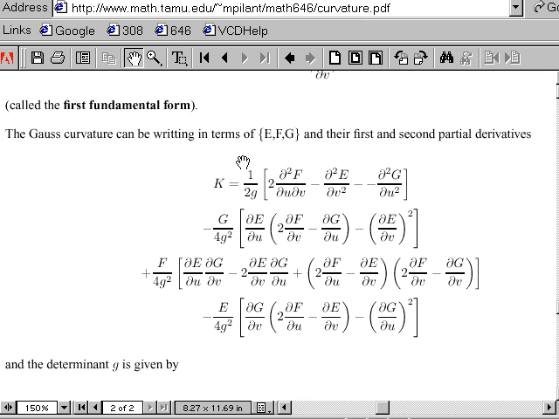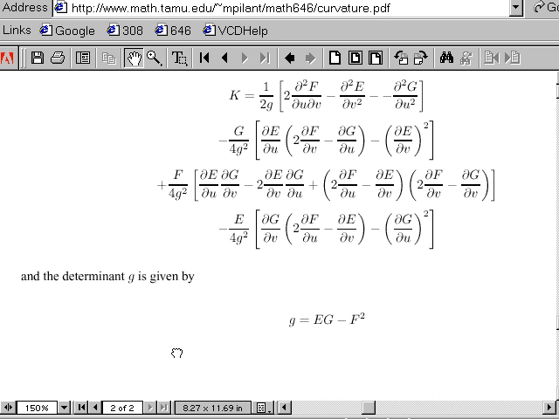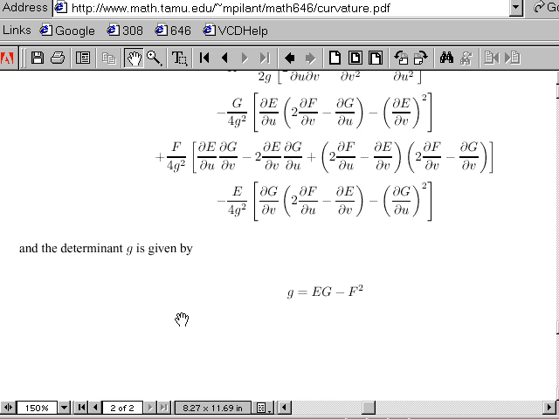Okay, so this is called, in differential geometry, the first fundamental form. And in terms of E, F, and G, you can define what is called an intrinsic curvature. That means it's a curvature that's defined only by quantities within the surface itself, though there's a very complicated formula.